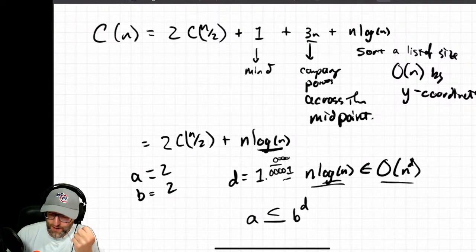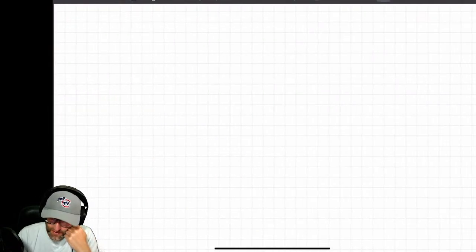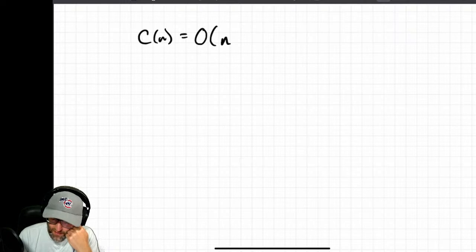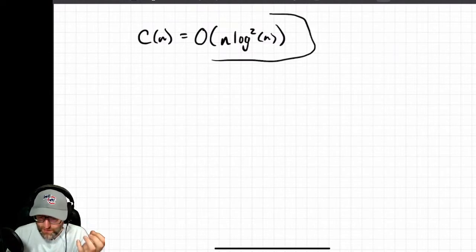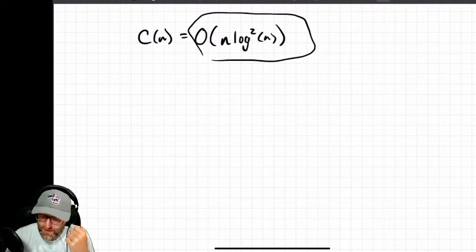Basically what it comes out to is that the cost, at least as we presented it for now, is going to be order n log squared n. There's an additional logarithmic term. That's going to be better than any n to the d, where d is strictly greater than 1. So a much tighter analysis would give you something like this. Now that's not as good as the ideal of n log n.